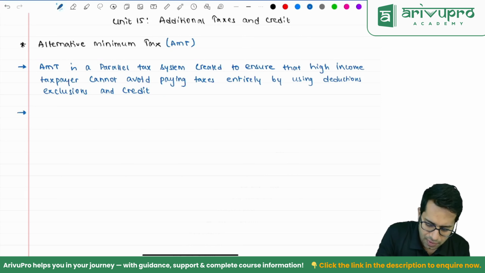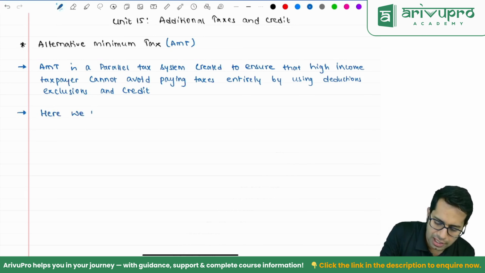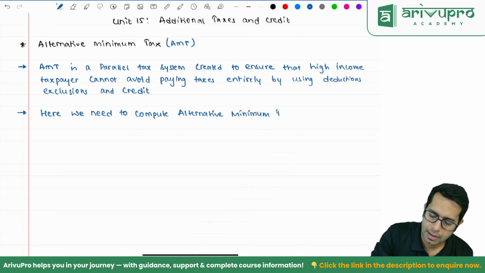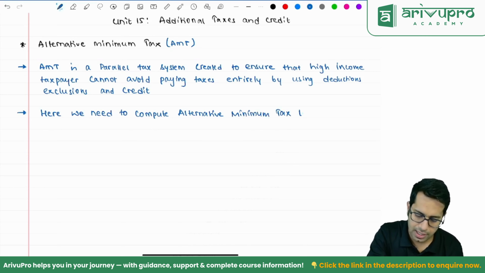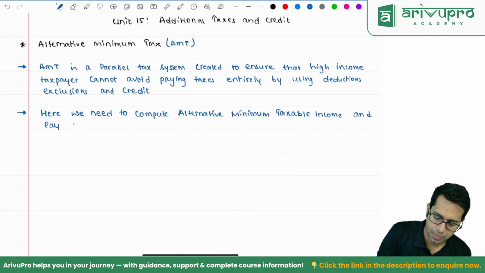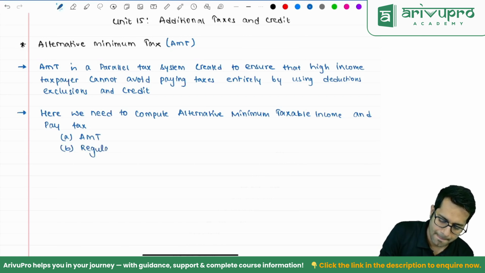So what do I have to do, sir? Here we need to compute alternative minimum taxable income and pay tax which is either alternate minimum tax or your regular tax, whichever is higher.